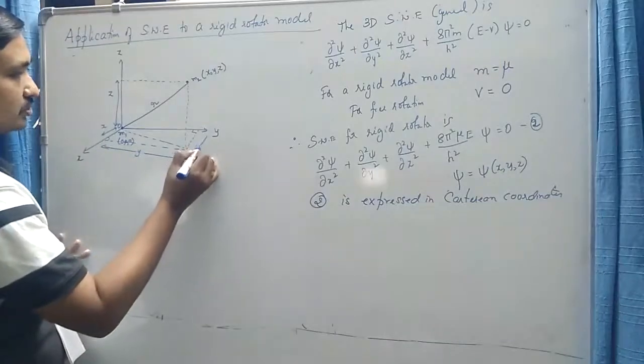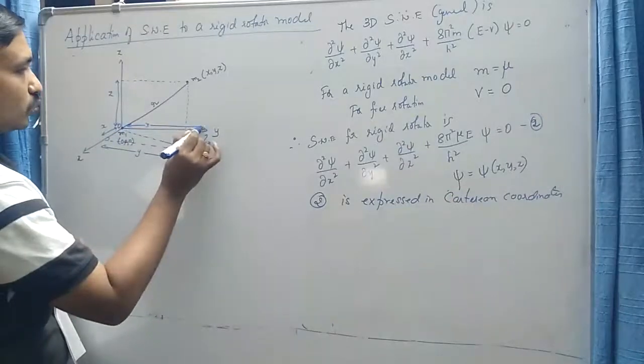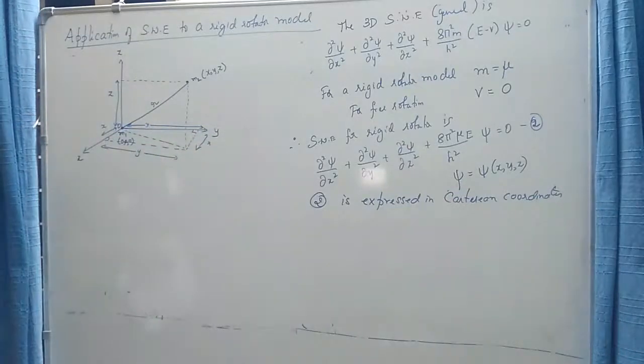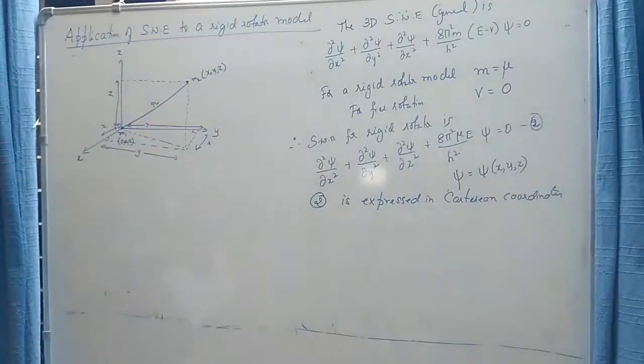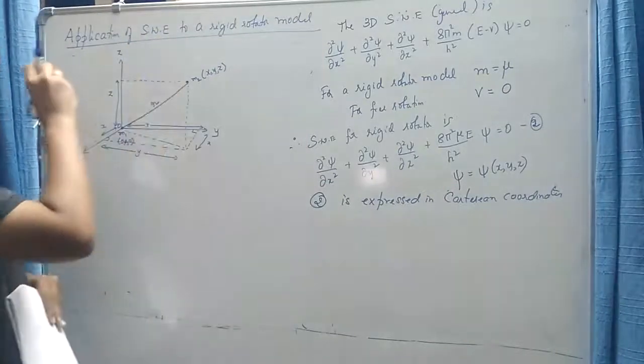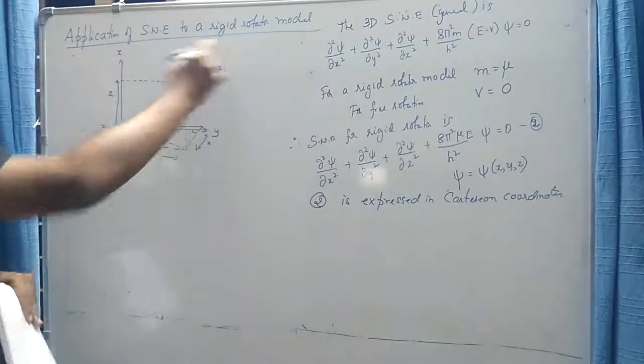So what we have done here is expressed the position of the particle in terms of three distances: distance along the x-axis, y-axis and z-axis. That is why we have written x, y, z.